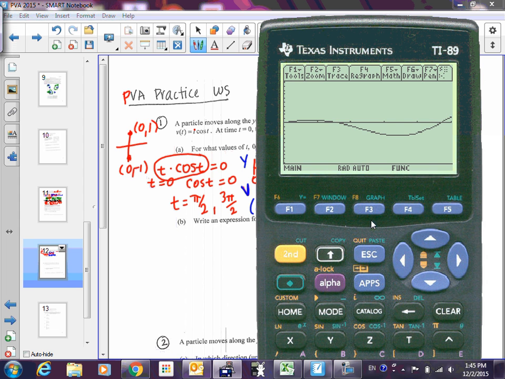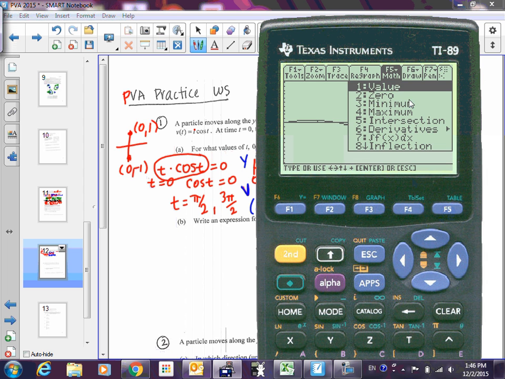Okay, so I can kind of see what's going on here. If I wanted to scrunch my window down a little bit more, I could. But really, I just need to know where this velocity is positive. So I can see that it is positive from 0 to some number right here. And so we haven't done this specific part in a while.